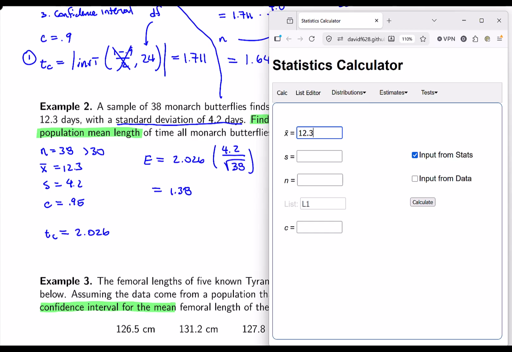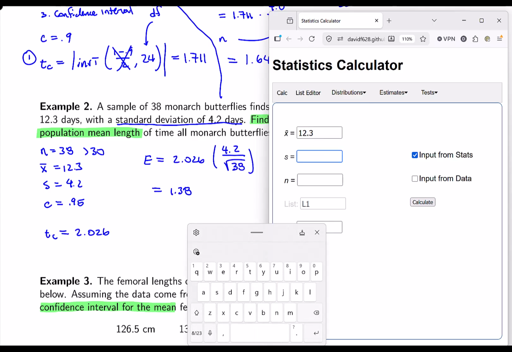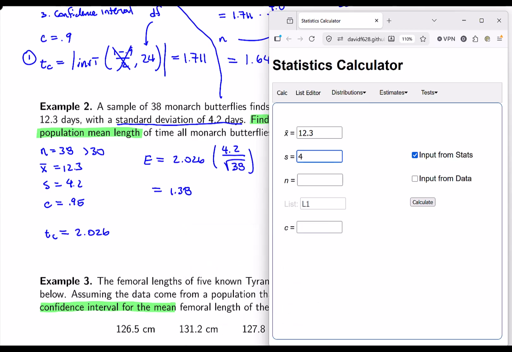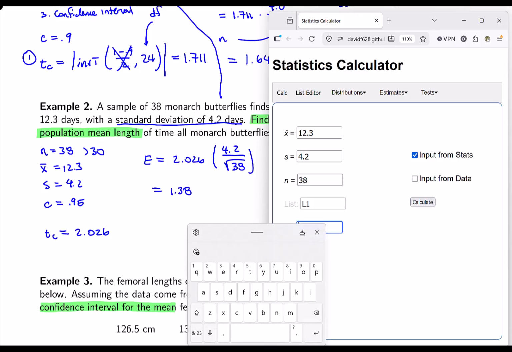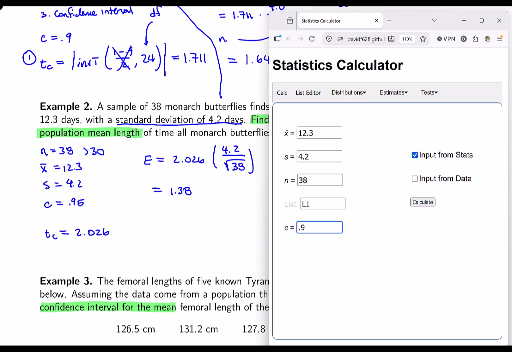So like in example 2, we had a mean of 12.3 days, a standard deviation of 4.2 days, a sample size of 38, and a level of confidence of 95%. Now, what's really nice is with this, you're just giving the sample size, not the degrees of freedom, because the calculator knows to use the degrees of freedom when it needs to, and it's going to adjust and do that for you.